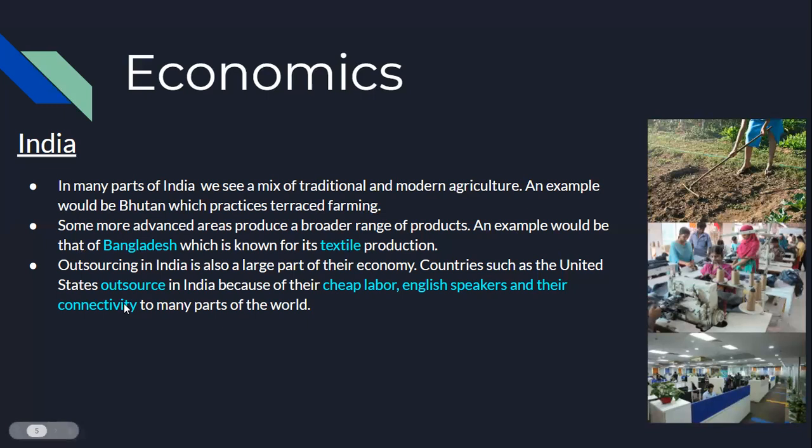Now, another very important aspect of India will be outsourcing. This is a large part of their economy. Countries such as the United States outsource to India or in India because India can provide cheap labor, English speakers, because Great Britain colonized India and spread the English language.